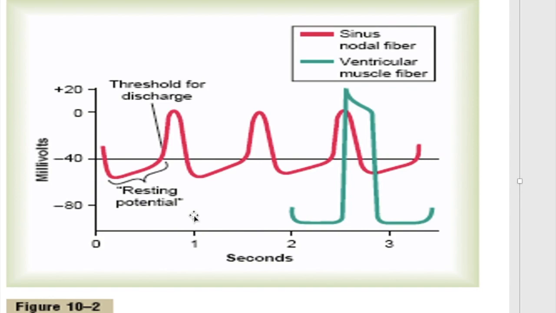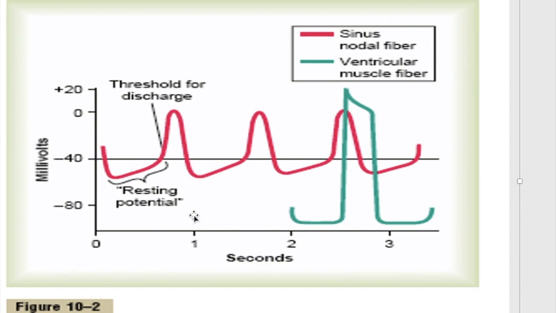Conduction velocity through the different regions of the heart is related to the shape of the action potential. Contractile myocytes and Purkinje fibers express fast action potentials, which comprise 5 phases.